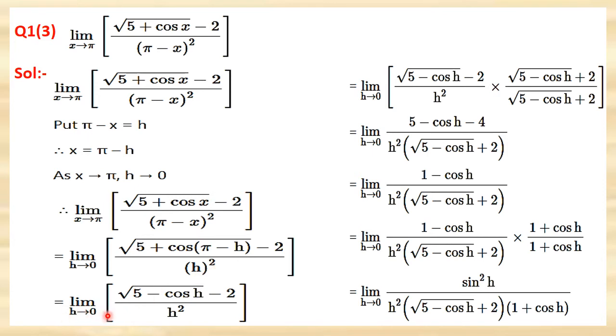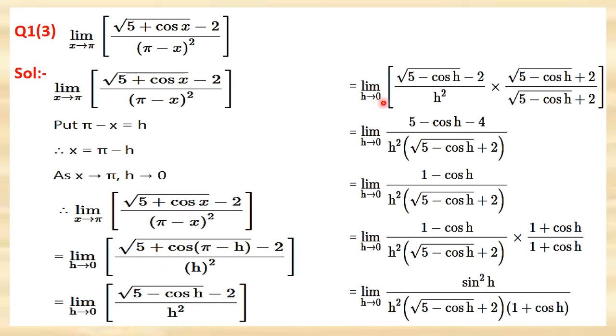Now cos of (pi minus h) is in the second quadrant, so cos of (pi minus h) is minus cos h. So the limit h tends to 0 of root of (5 minus cos h) minus 2 upon h square.